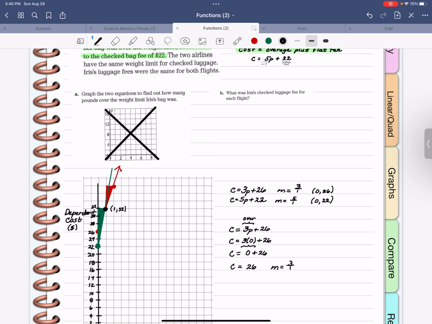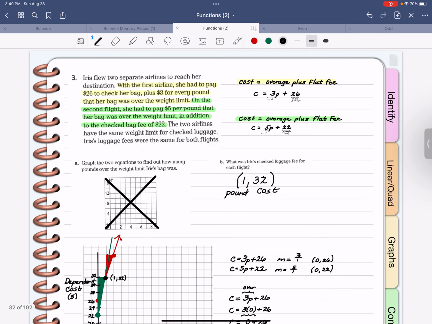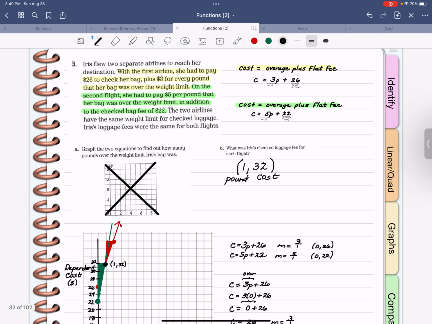What was Iris's checked luggage fee for each flight? The cost was, remember this is the cost, and this is the pound. So for each flight, she had to pay $32 for 1 pound over.